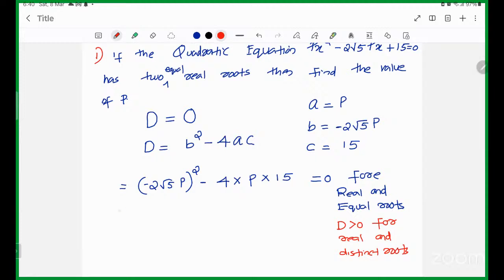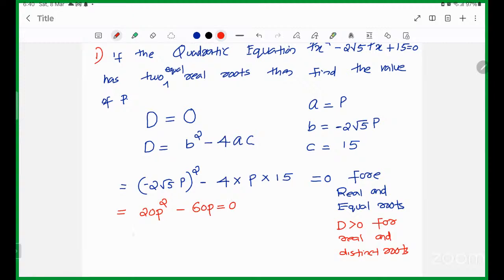So if we put that in, what will come? 2 square 4, root 5 square 5, so 4 into 5 is 20, 20 p square minus 4 into 15, that means 60 p, equal to 0.